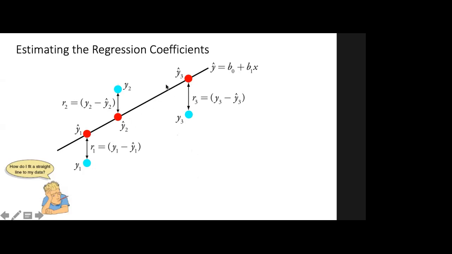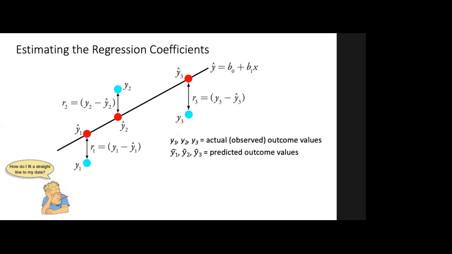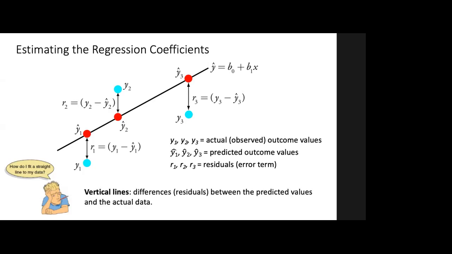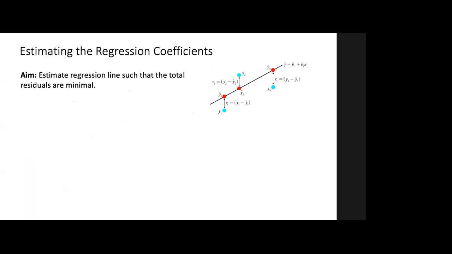Right? So on average, the residuals are 0. And then the squared deviations are minimal. So these are the two constraints that we have, and that's how we determine the regression line, the equation.